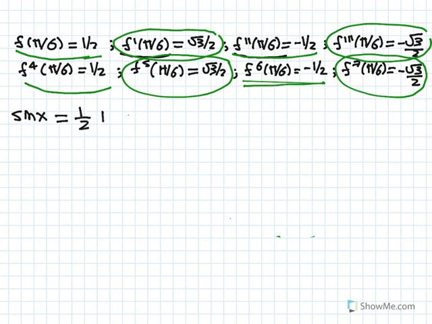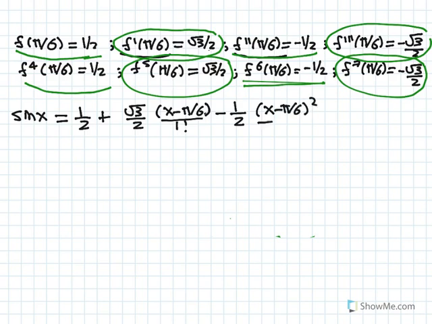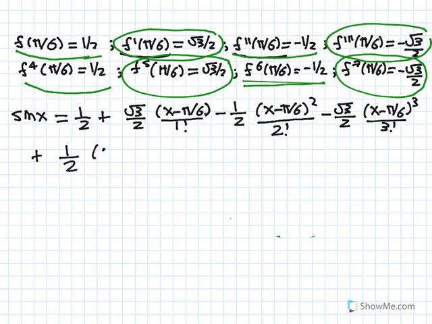Sine x is equal to 1/2 plus root 3 divided by 2 times x minus pi over 6 divided by 1 factorial plus, let's write that as minus 1/2 times x minus pi over 6 all squared divided by 2 factorial minus root 3 divided by 2 times x minus pi over 6 to the power of 3 divided by 3 factorial plus 1 over 2 times x minus pi over 6 to the power of 4 divided by 4 factorial. So we're now going to separate the even and odd powers of x.